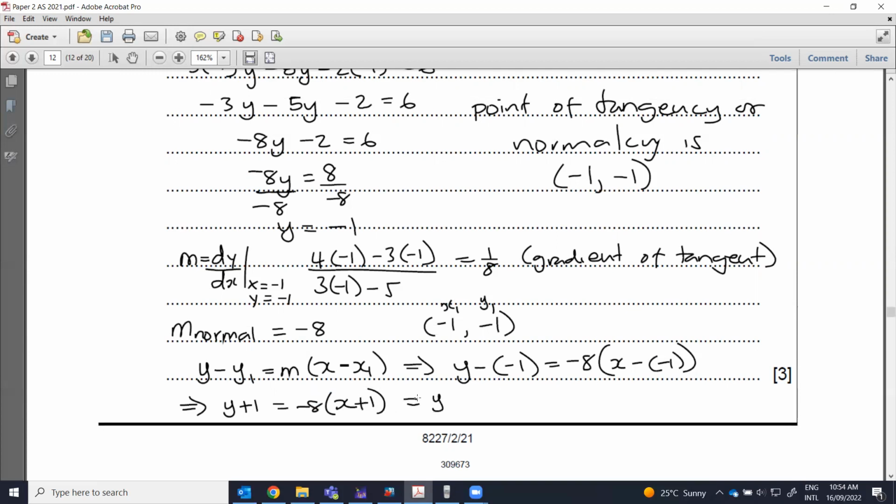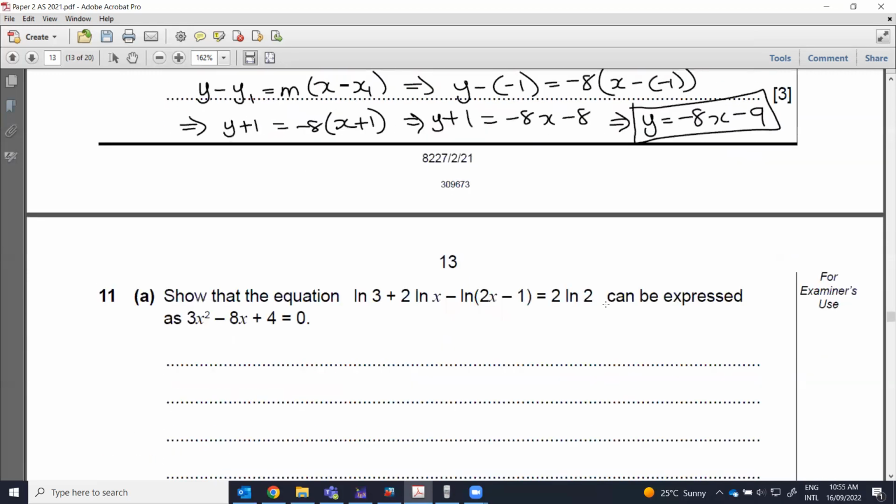We have y plus 1 is negative 8x minus 8. And then making y the subject of the formula, we have y is equal to negative 8x, this will go that side and we will get minus 9. Okay, so this is the equation of the normal. So key thing to remember, how are the normal and the tangent related?